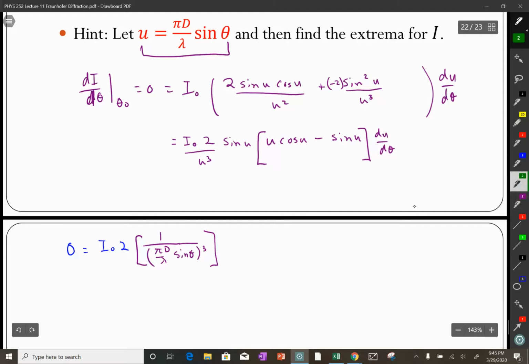My second part is going to be sine of pi d over lambda sine theta. My third part will be, and here I'm just going to put u cosine u minus sine u. I'm leaving that in terms of u. And then my final term will be the derivative of u, which is pi d over lambda cosine theta.